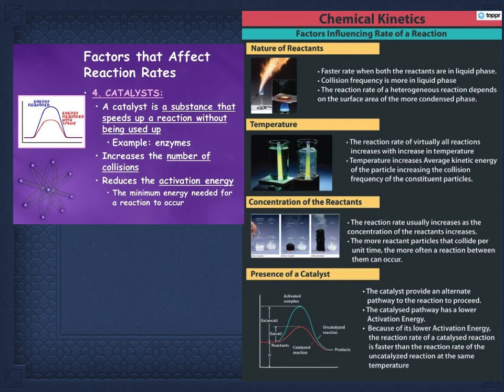Concentration of the reactants, the more reactant particles that collide per unit time, the more often a reaction between them can occur. And lastly, the presence of a catalyst, because the catalyzed pathway has a lower activation energy. Because of this lower activation energy, the reaction rate of a catalyzed reaction is faster than the reaction rate of an uncatalyzed reaction at the same temperature.